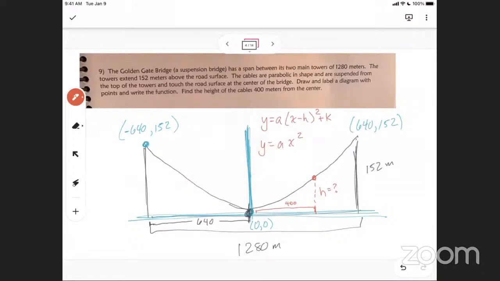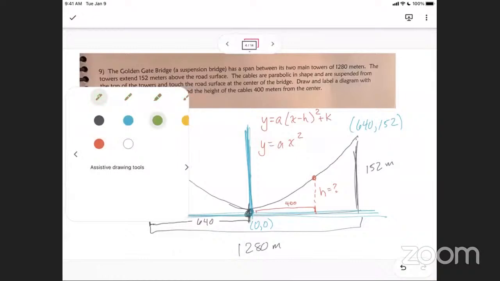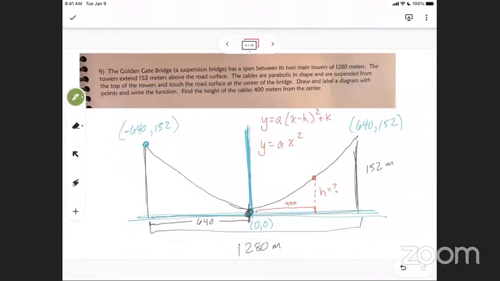And so we're going to take both of these points and plug them in for X and Y. Actually, do we need both? No, I think it'll work with just one of them. We're going to solve for A by plugging in. So we're going to plug in this X is 640, right?